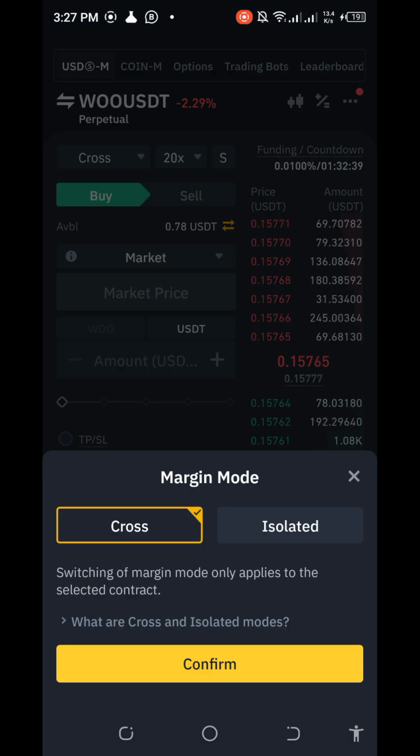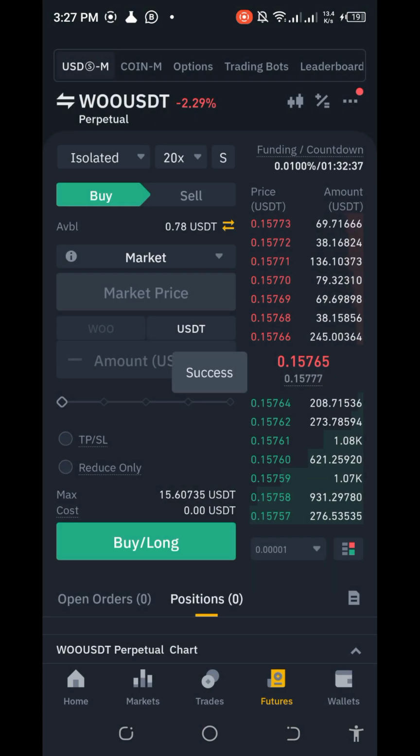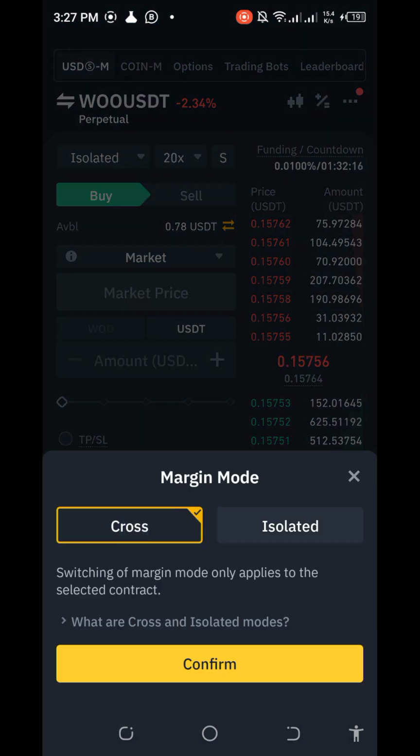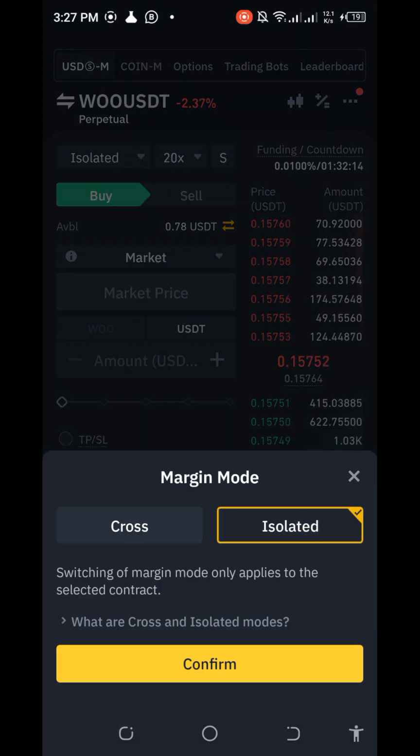Then the isolated says, James, you're having 0.78. If you enter the market with 0.8, you'll be having 0.70. If the market goes against you and liquidates you, you're only going to lose 0.8. These are the differences between cross and isolated.